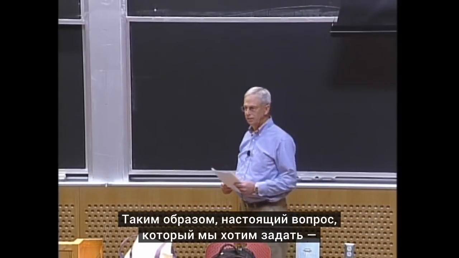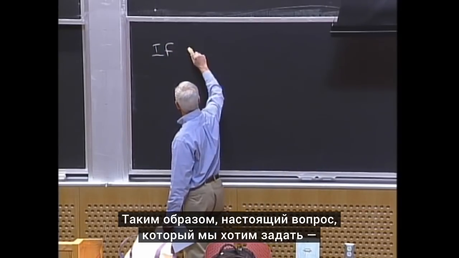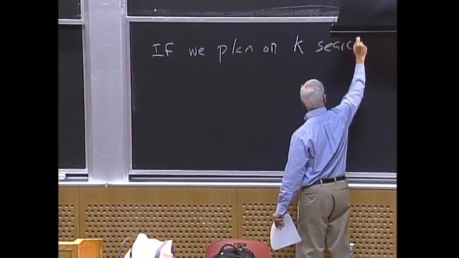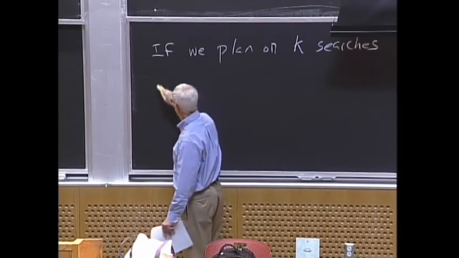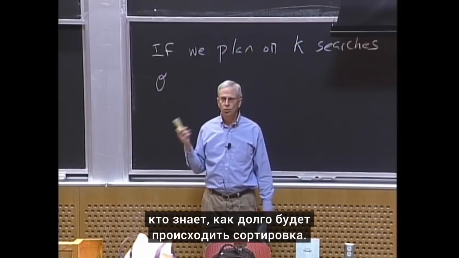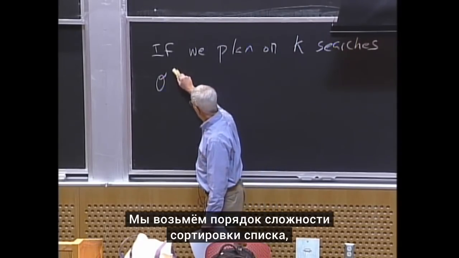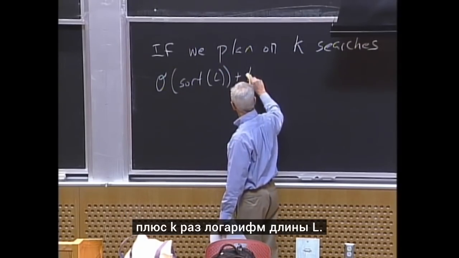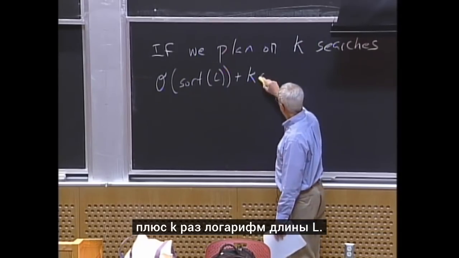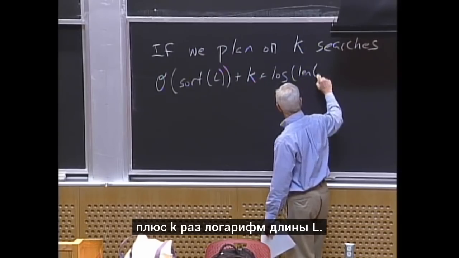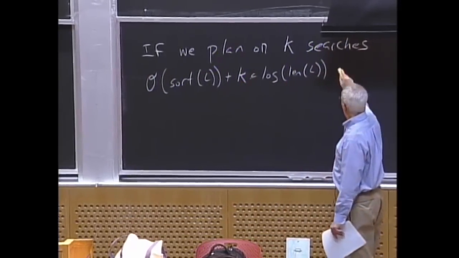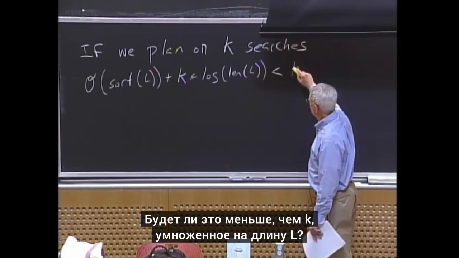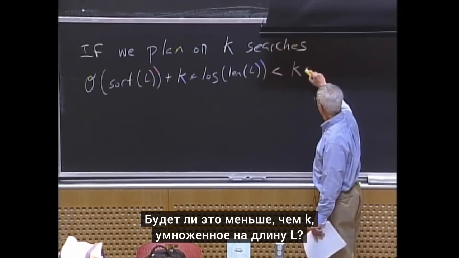So the real question we want to ask is, if we plan on performing k searches, who knows how long it will take to sort it, but is order of whatever sort of the list is, plus k times log length of L, excuse me, is that less than k times len of L?